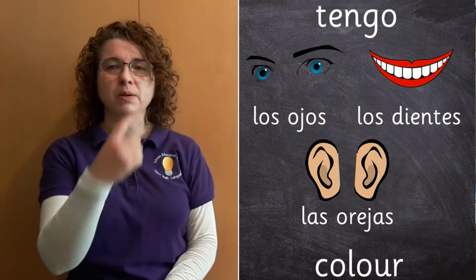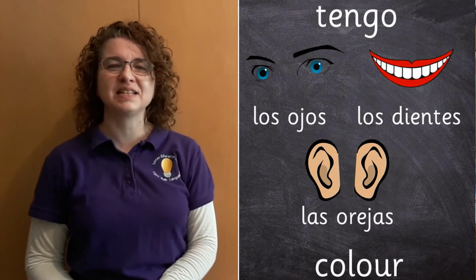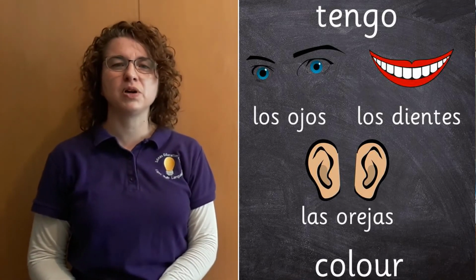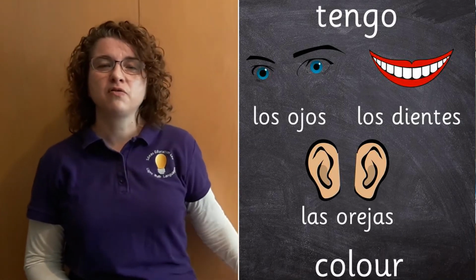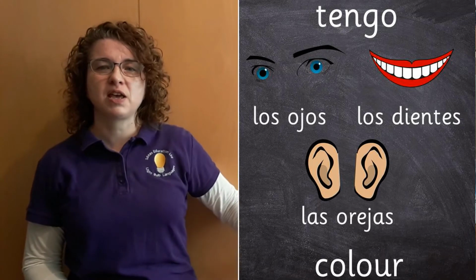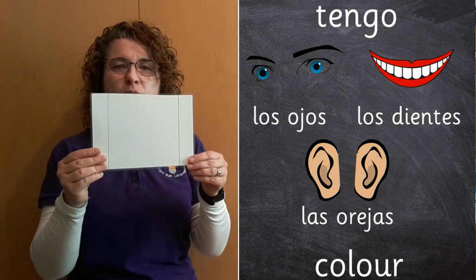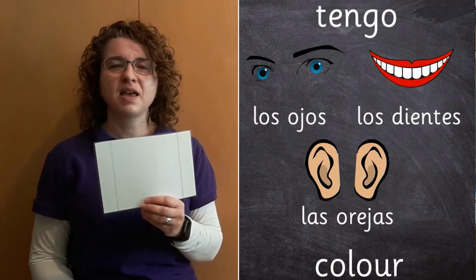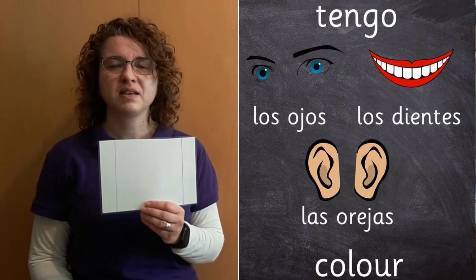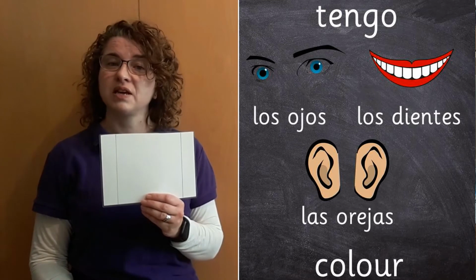Now, when we describe los dientes, because they're masculine, they're going to work in a very similar way to los ojos. So, for example, let's just say you have white teeth. How would you say, I have white teeth? Have you worked it out?